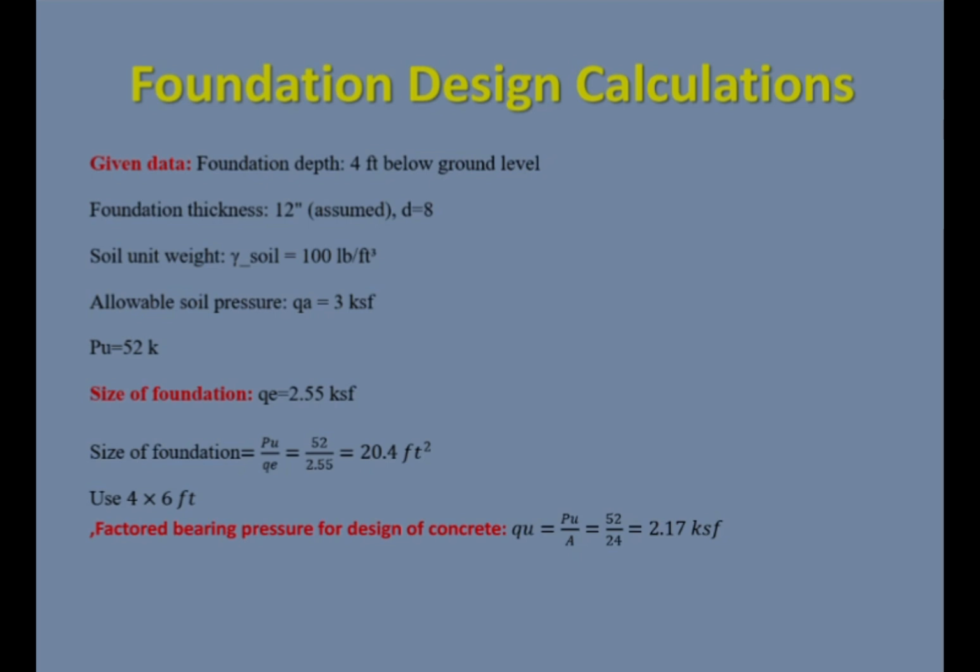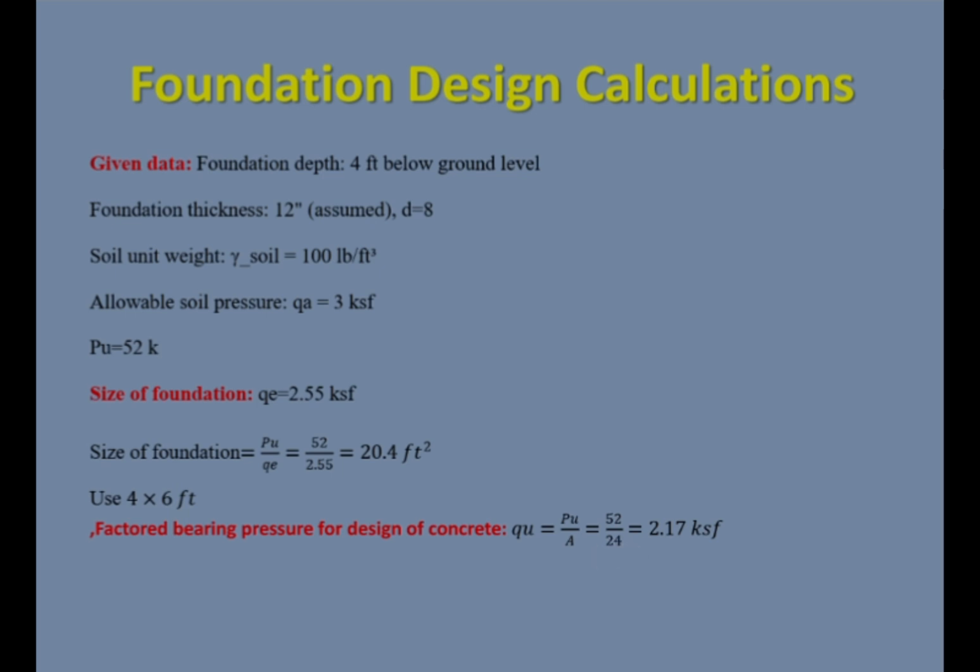So after finding QE, we find the size or the area of the foundation by taking PU over QE, and we are getting an area. This area, we can see that 4 multiplied by 6 is the closest to 20, which is 24.